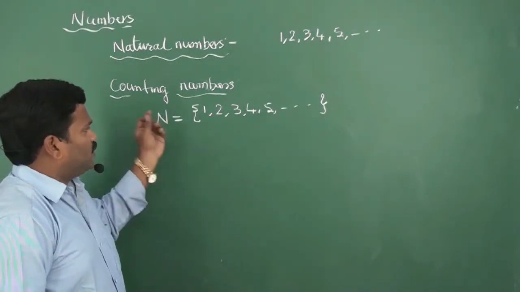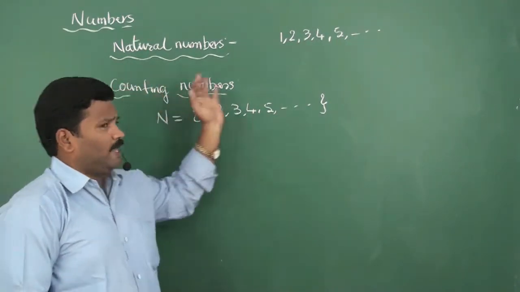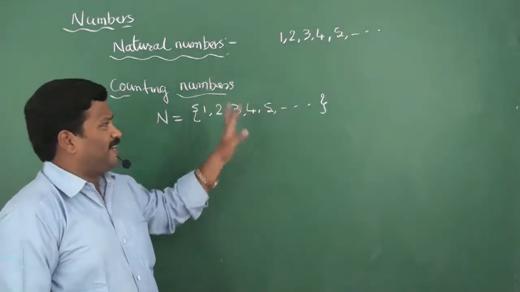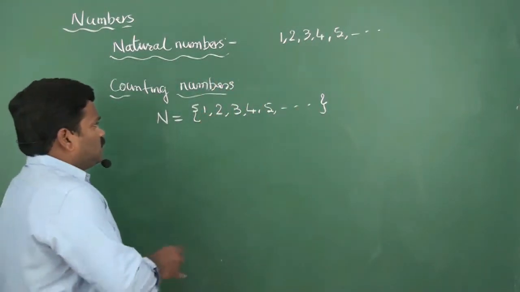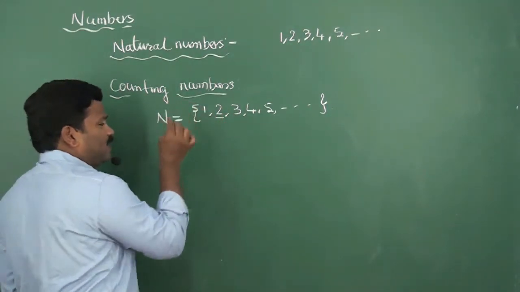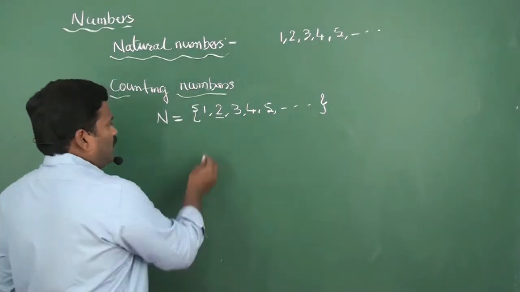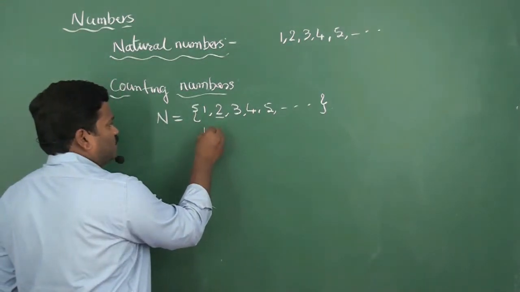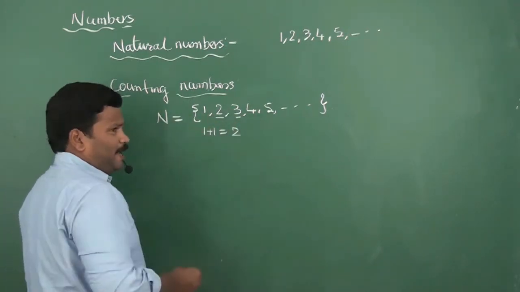In natural numbers, the first natural number is 1, and all the remaining natural numbers are generated from the first one. How has 2 been generated from 1? By adding 1 to 1, it becomes 2, like 1 plus 1 is 2. How did 3 come?